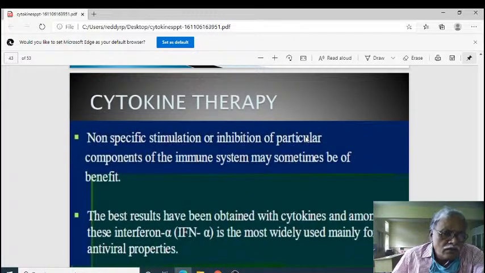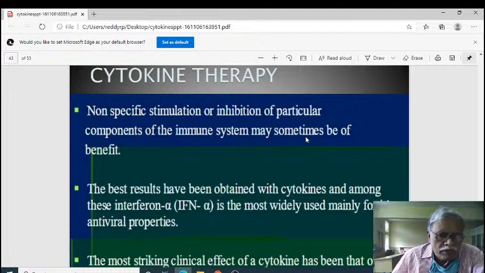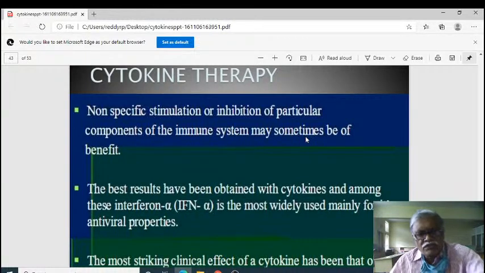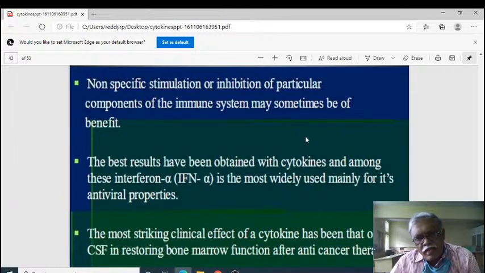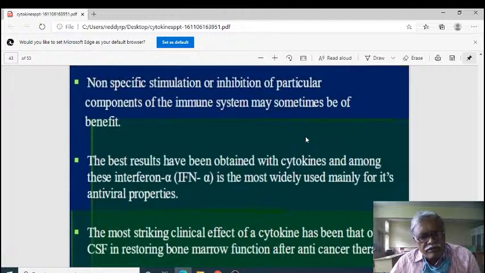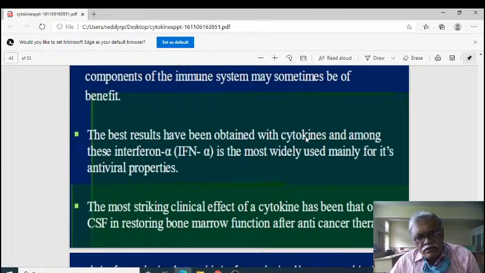Cytokine therapy is also to some extent available. Non-specific stimulation or inhibition of particular components of the immune system may sometimes be of benefit. The best results have been obtained with cytokines, and among these interferon alpha is the most widely used, mainly for its antiviral properties.